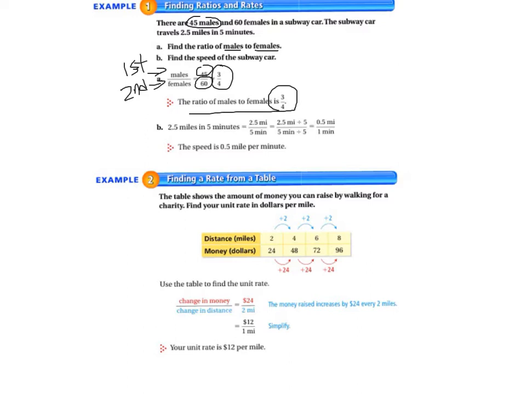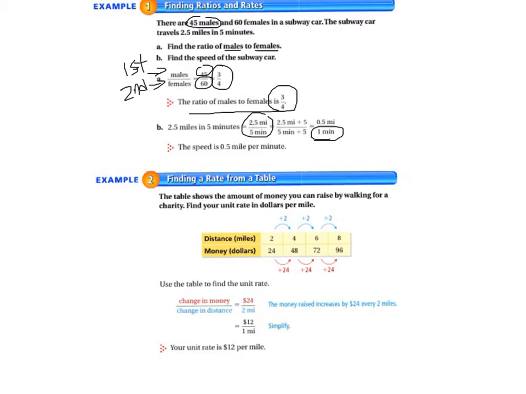And then letter B, 2.5 miles in 5 minutes. So we take that and make it into a fraction or a ratio. And then we're going to divide both of those by 5 in order to get a unit fraction, so in order to get 1 on the bottom of the fraction.